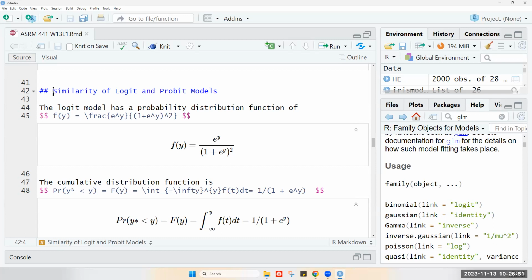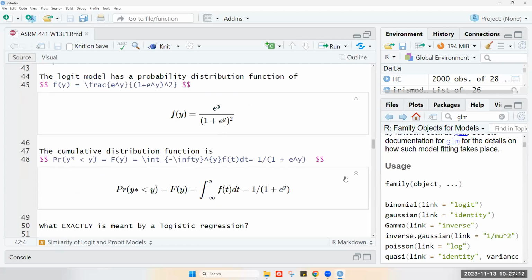So you've all taken some sort of probability class. You understand what this means. The probability that y equals 0 is 0, but if you want to find the probability that y is between 0 and 1, you could integrate this function from 0 to 1. This leads us to the cumulative distribution function, which is the integral of the PDF from negative infinity up to y, which is equal to 1 divided by 1 + e^y.